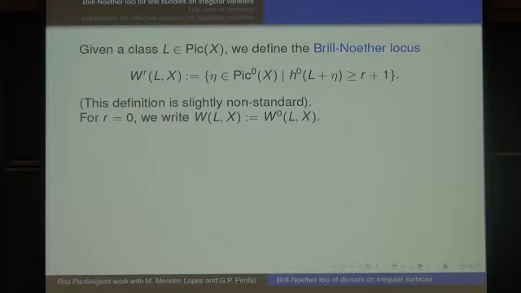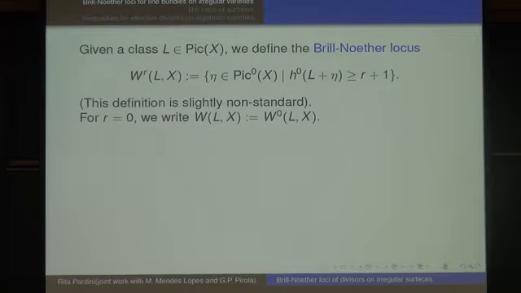I don't, because this will be a bit like the Brill-Noether locus. Of course, first of all, we don't have such precise statements. But also, the Brill-Noether loci are more similar to those of curves, so they will not be unions of abelian subvarieties in general.